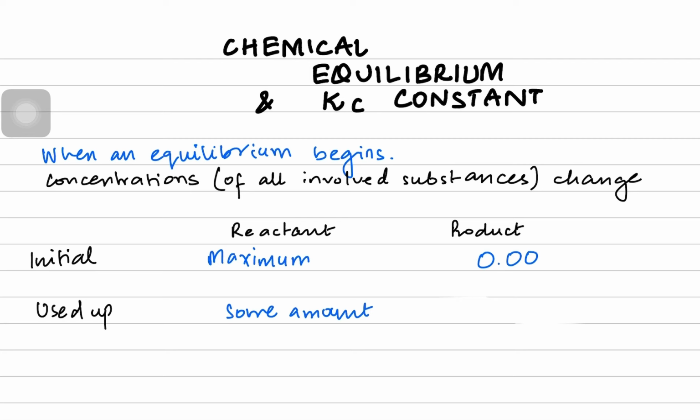The product isn't used up, but the product is produced. And at equilibrium, what happens is that leftover reactant is there. Reactant was there in the beginning, now it's left over because it's been used up and some product is produced.